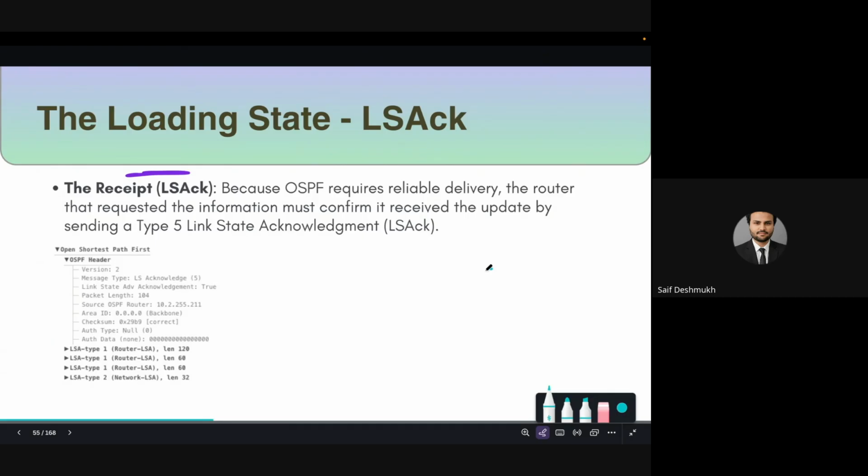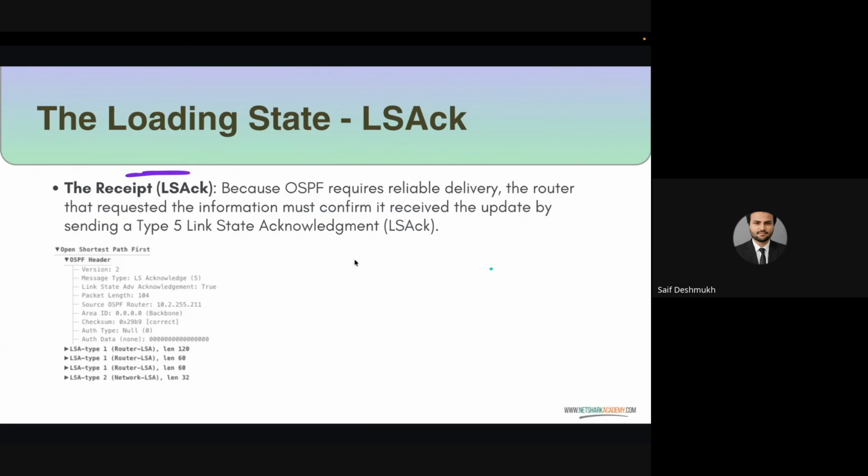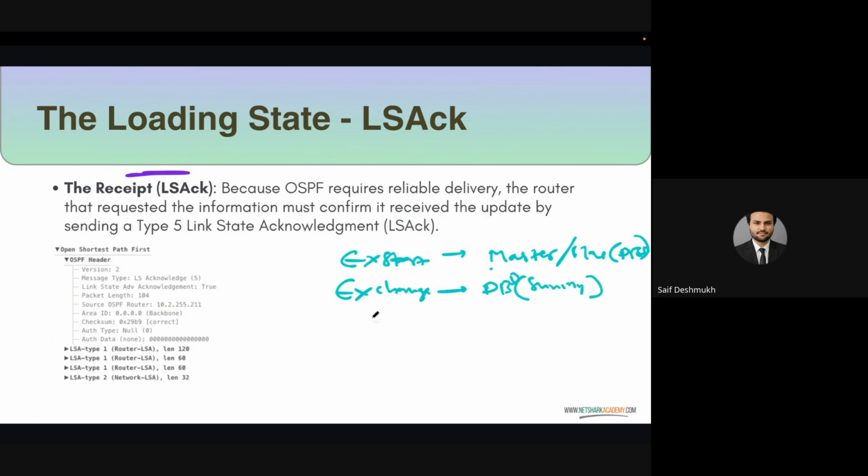In ExStart, master and slave, the same DBD packet is used, but it is an empty packet. In Exchange, the DBD packet is used, but this contains the summary information of all the LSAs.